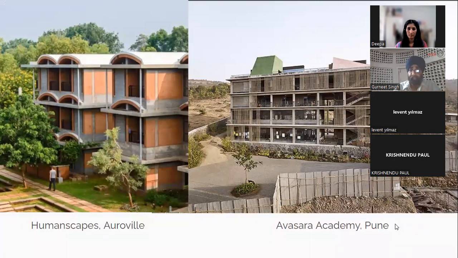Next, on your left is our Humanscape. This is basically a net positive energy housing complex. Again, an experimental housing complex situated in Auroville. It is a sustainable housing complex. Basically, they are trying to create and study the future model of sustainable living. On your right side is Sara Academy at Pune, which is a residential school complex.